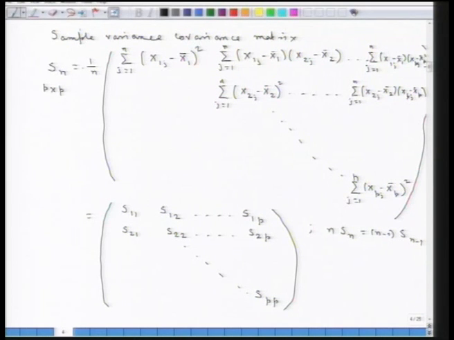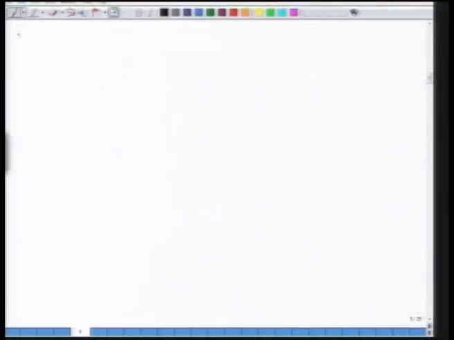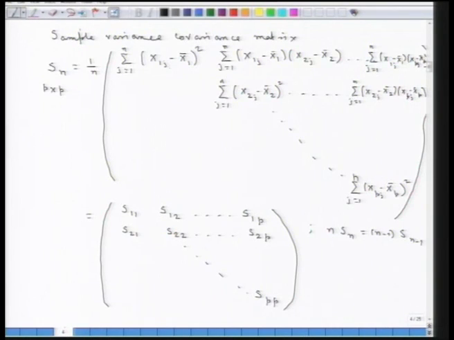Now let us try to write this particular sample variance covariance matrix in terms of the data matrix X that we had introduced. So we will have this n minus 1 Sn minus 1 is equal to n times Sn. Now if we look at this particular matrix here, this element can be written in terms of summation as follows.